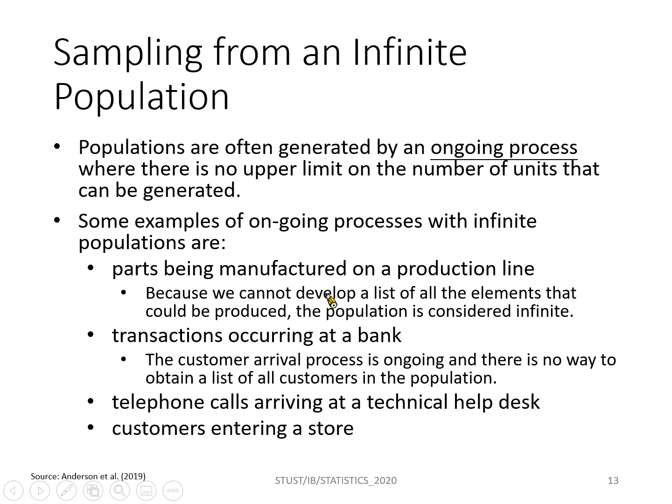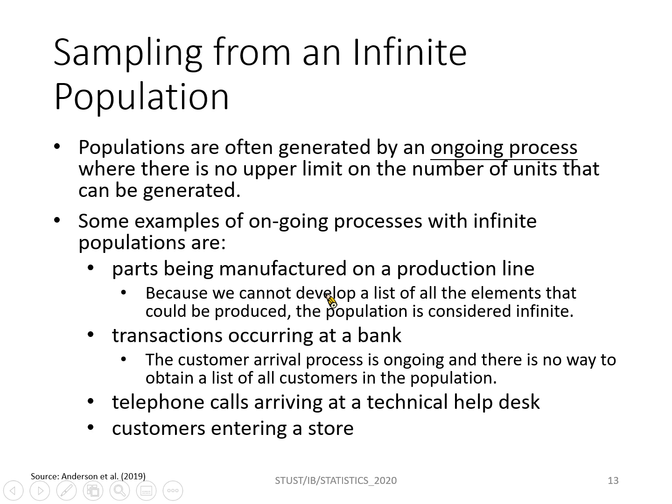So some examples of an ongoing process with an infinite population are parts being manufactured on a production line, because we cannot develop a list of all the elements that could be produced, so the population is considered infinite.